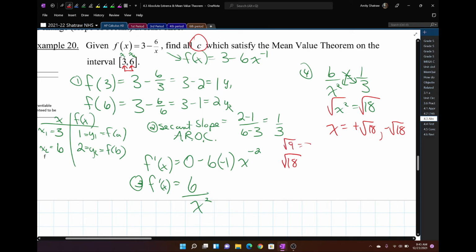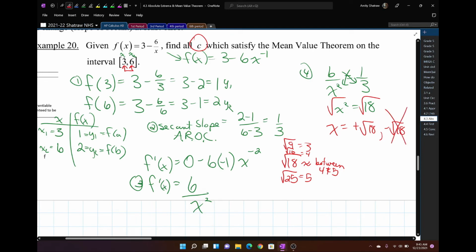The square root of 9 is 3, and the square root of 25 is 5. So for 18, let me think about it as the square root of 16, which would be 4. So it's somewhere between 4 and 5, approximately, which means it's definitely in the interval.